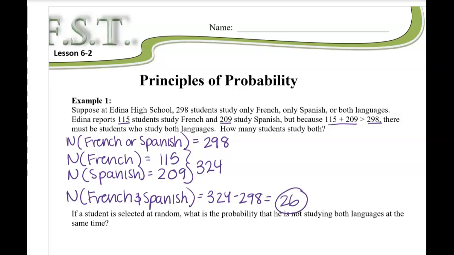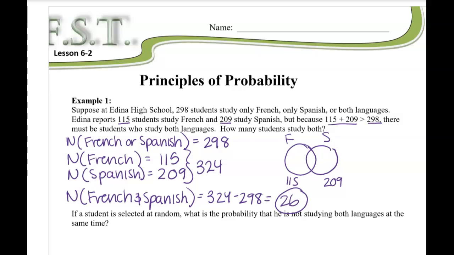We could also do this with a Venn diagram. Let me draw some decent circles. French, Spanish, so we know that total French is 115 and total Spanish is 209.